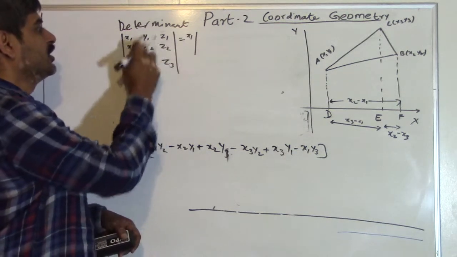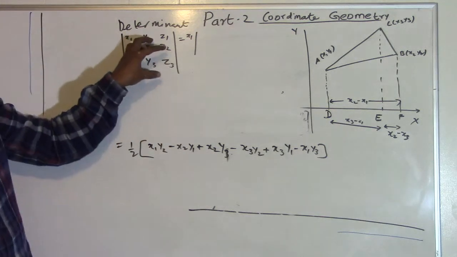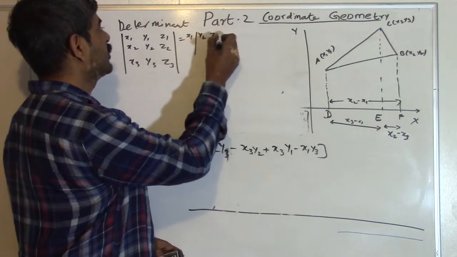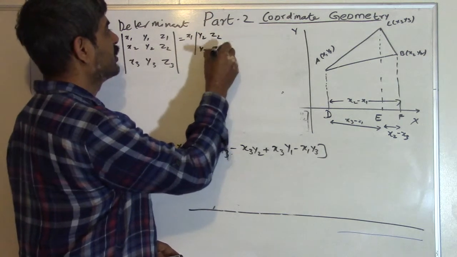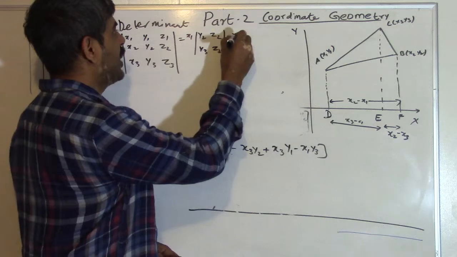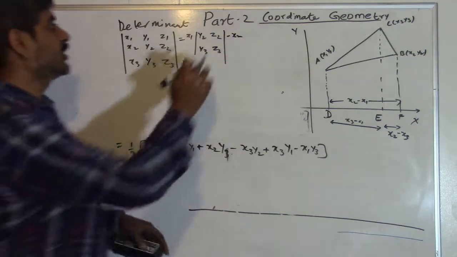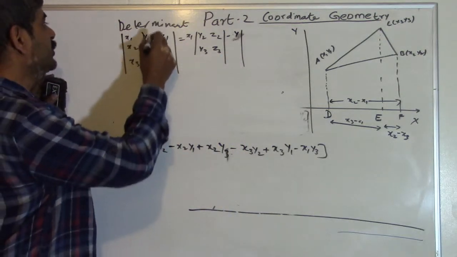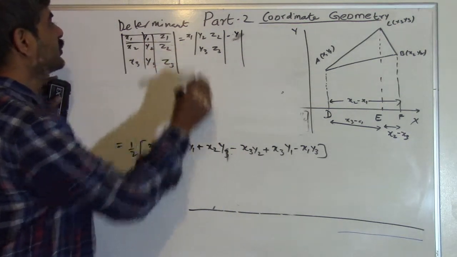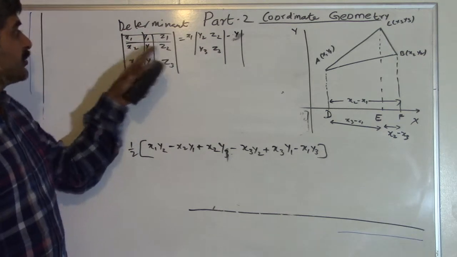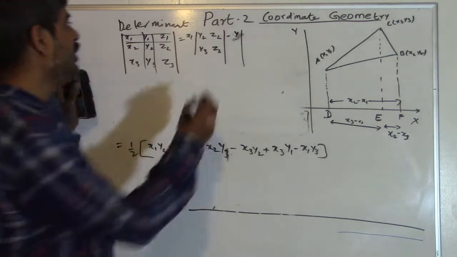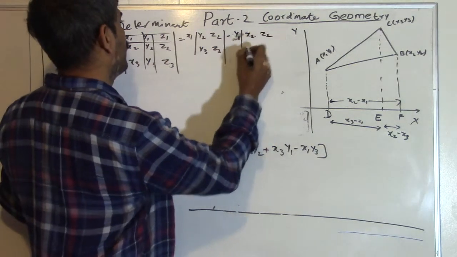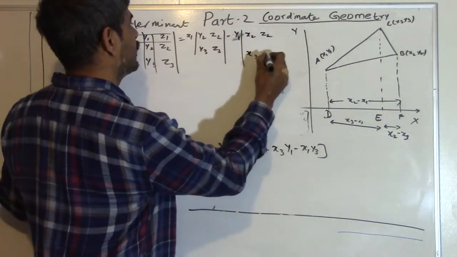We put this remaining determinant of the second order multiplied by it: y2, z2, y3, z3. And then minus of the second term, that is called y1. And then remove this row, remove this column that contains this y1, and the rest of the terms we put like this: x2, z2, x3, z3.